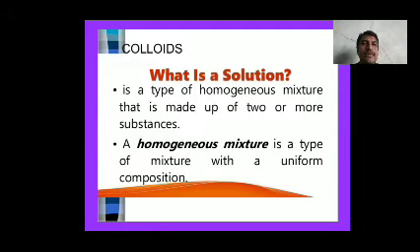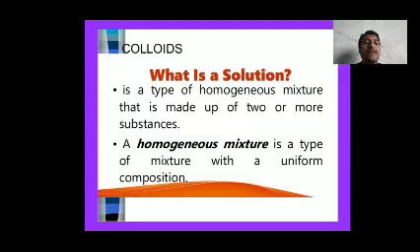What is a solution? Solution is a type of homogeneous mixture that is made up of two or more substances.